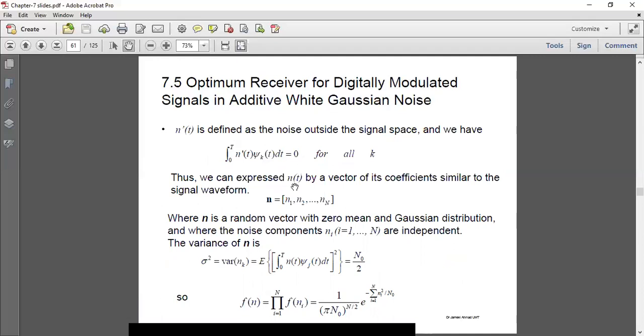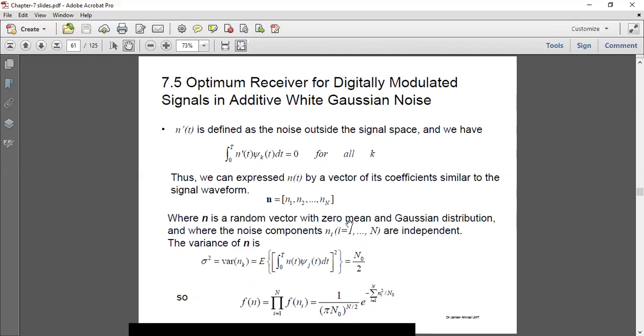Thus we can express n of t as a vector of its coefficients, similar to signal waveforms. So n is now a vector n1, n2 up to nn, a random vector with zero mean and Gaussian distribution. This is a very standard way of representing noise, and the noise components ni are independent.